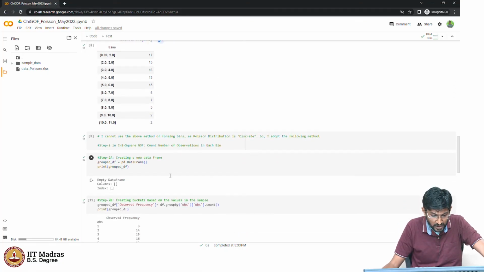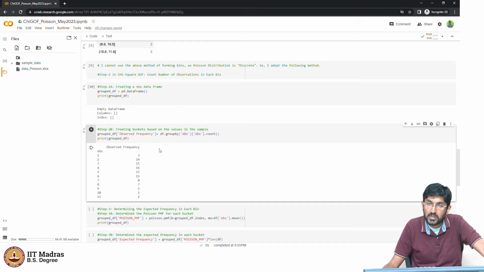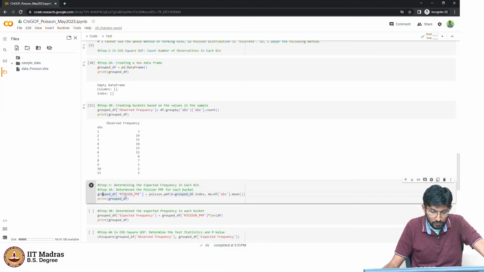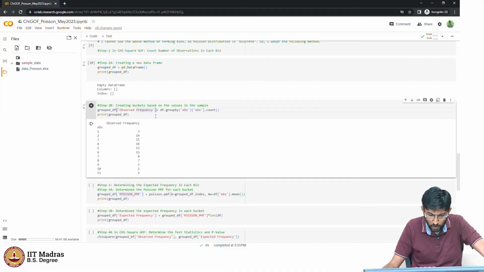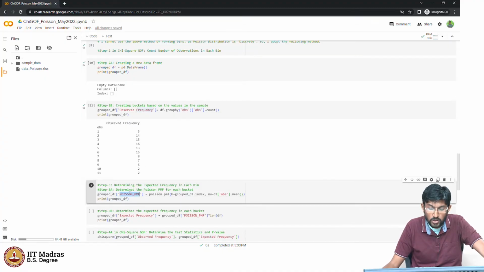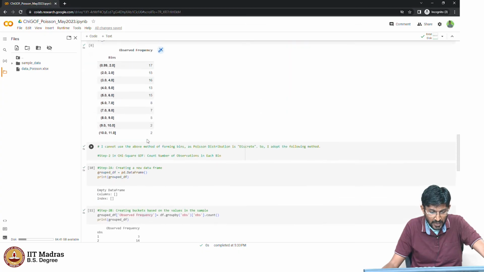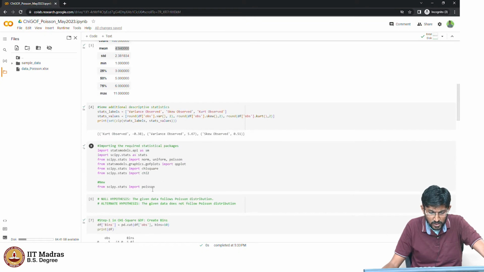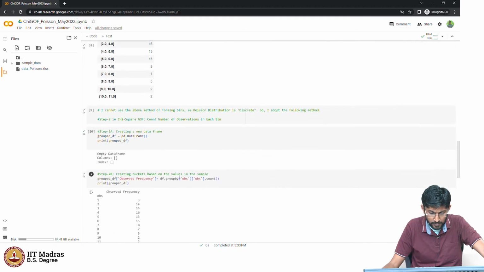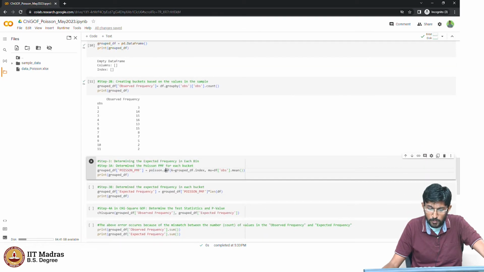So that is going to be my probability mass function. For each of these bins, I must get the Poisson PMF. So for this group data frame, I am going to add a new column called Poisson_PMF, computed using Poisson.pmf.